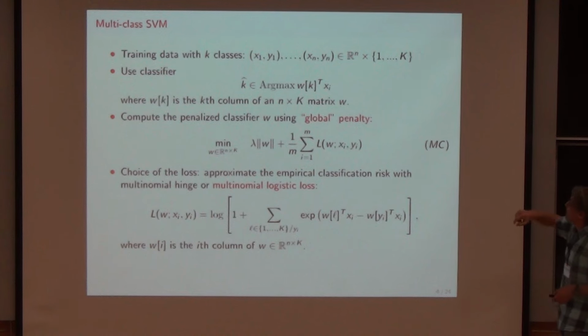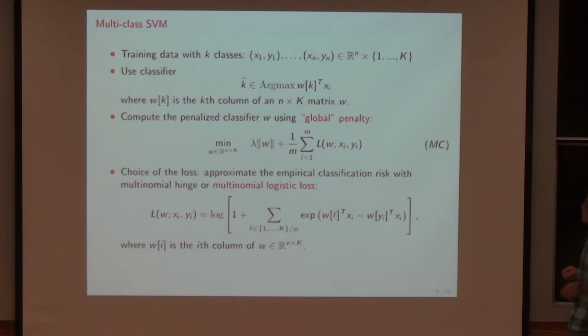The answer of the classifier is computed by taking the product of the matrix with your X, and to find the answer, you take the maximal component. The index of the maximal component of the vector which you obtain is just the class to which your classifier assigns the point.